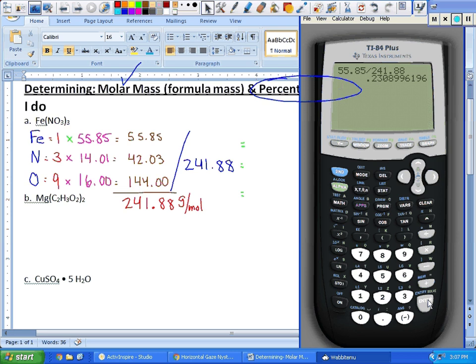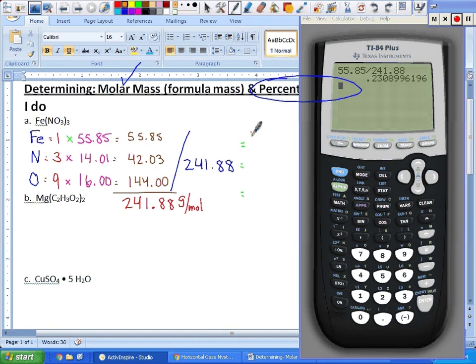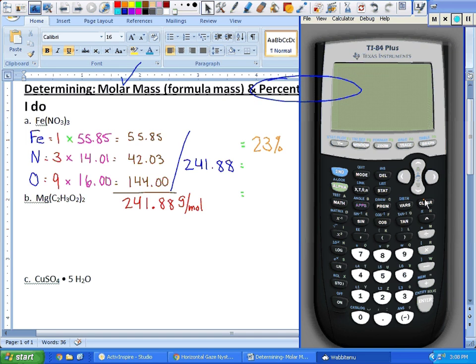Okay, now let's do the next one. Oh, wow, that was really bad, my bad. 23%. All right, so the next one, we come over here, is 42.03 divided by 241.88.